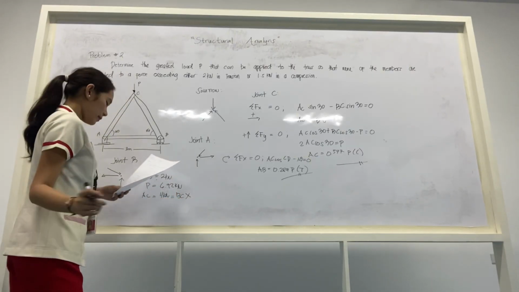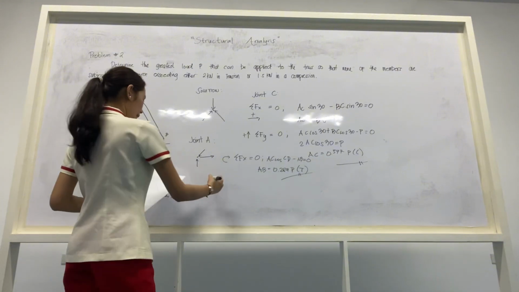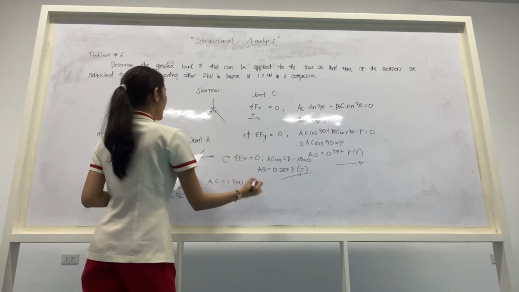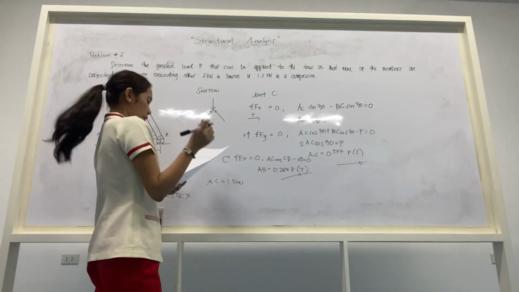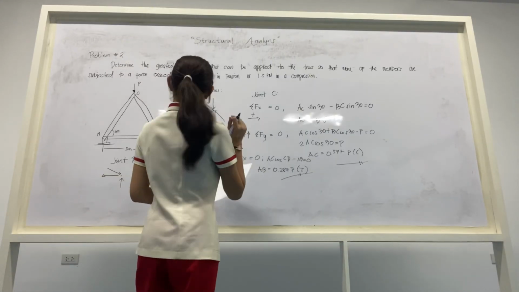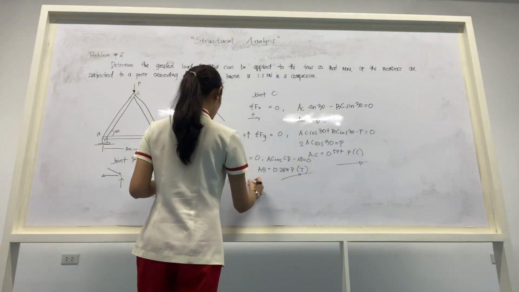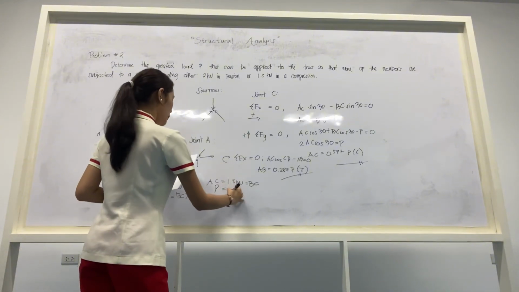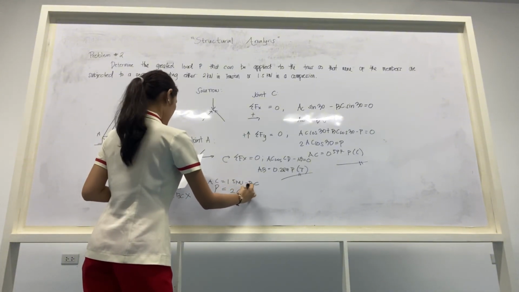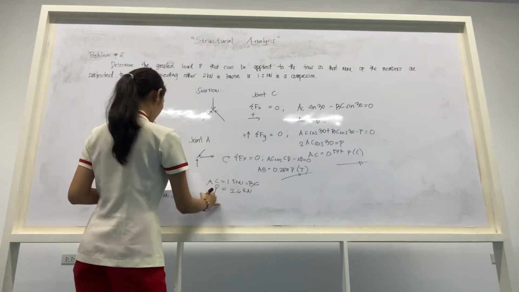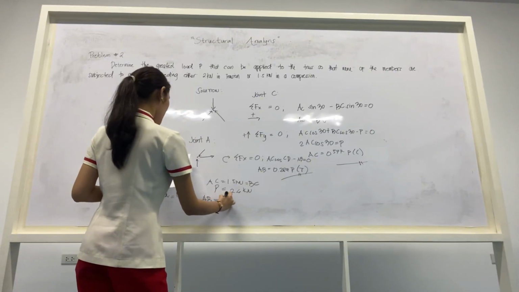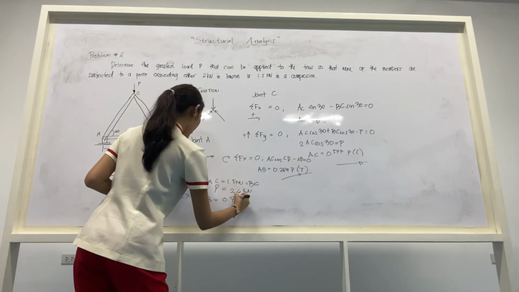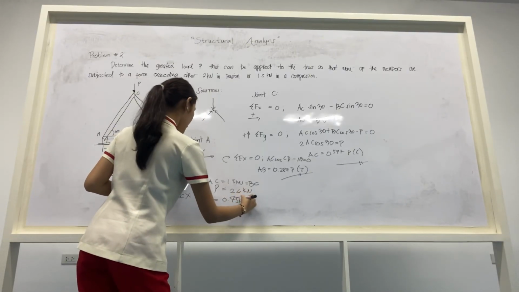And we have to solve again our AC is equal to 1.5 kN, since we have compression given in our problem, equal to BC. And again we have here our P is equal to 2.6 kN. Here is our AB is equal to 0.75 kN.